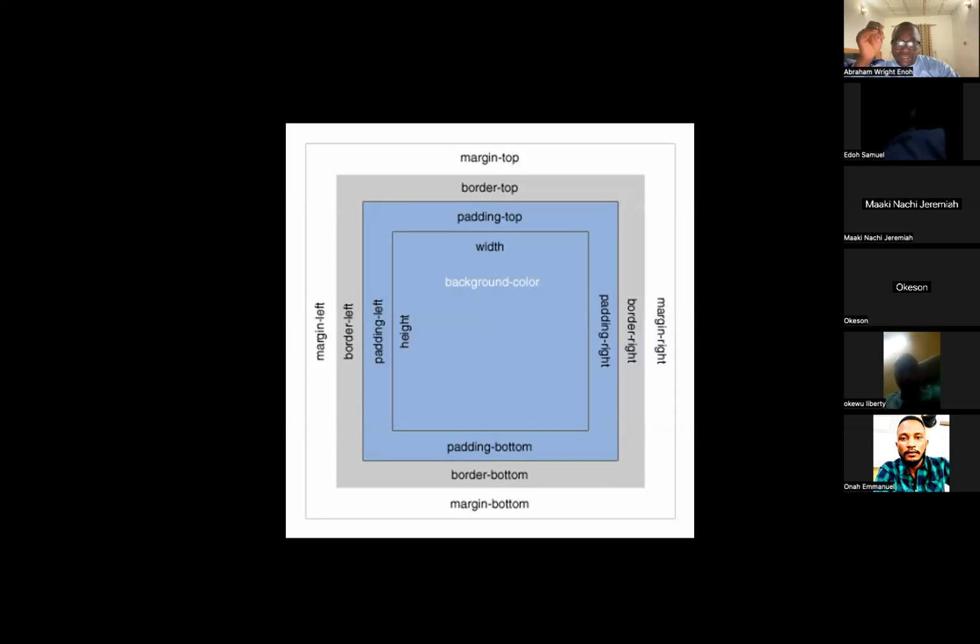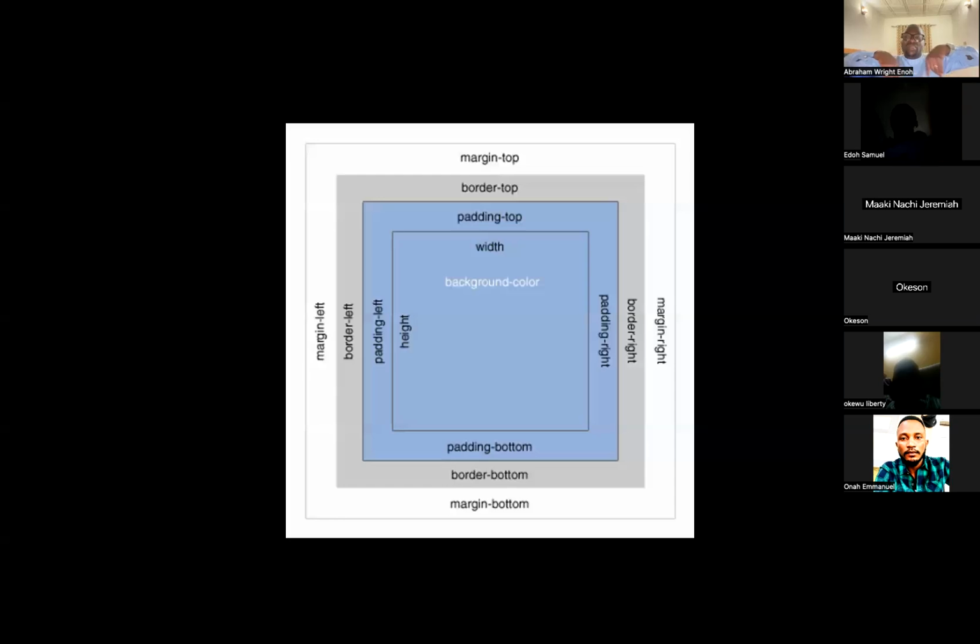Margin and padding. So margin, when we say margin, is the movement of the total object. So let's say there is an object of text, object of image, object of video, object of whatever, audio, all in one bigger object.